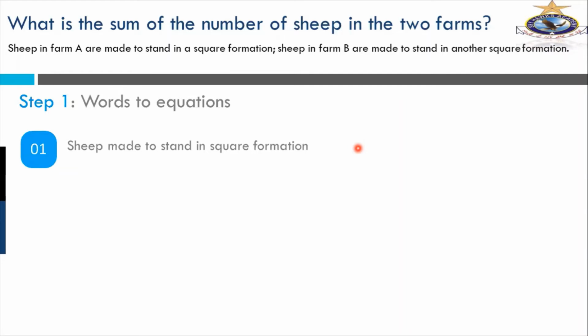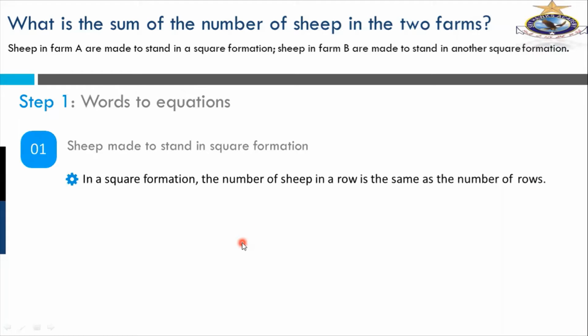Everywhere we have seen so many squares, so that is all about the mathematics. Without knowing the mathematics, you cannot measure the square, the size, the area, the perimeter. There are so many things. So it's a mathematical look that sheep are made to stand in square formation in both the farms.